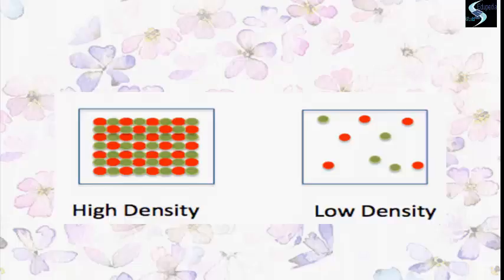Those in which the molecular arrangement is very compact have a higher density, while substances with very low compactness of molecules will have a low density.